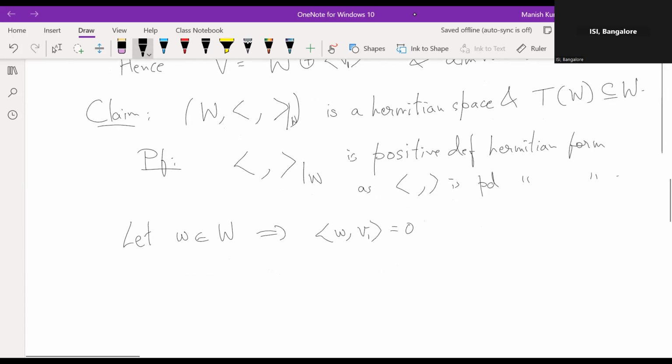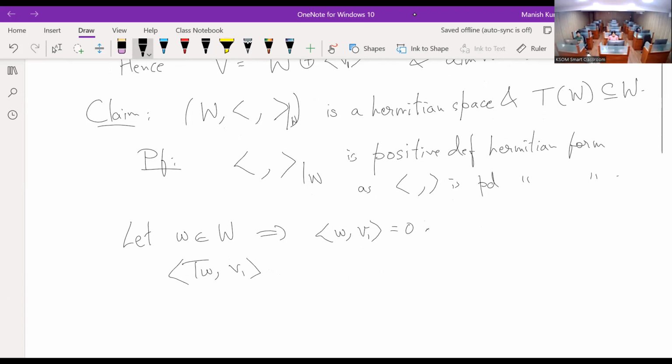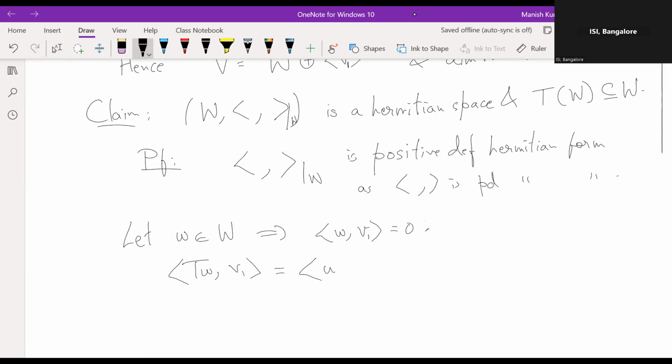So let's see what happens to Tw. Tw inner product v1: we can move T to the other side. It's a self-adjoint operator. Ideally we should put T star, but self-adjoint tells you we can put T.